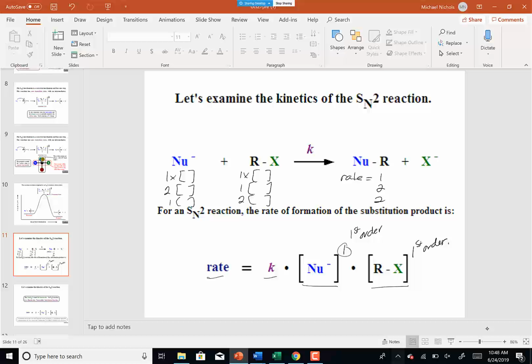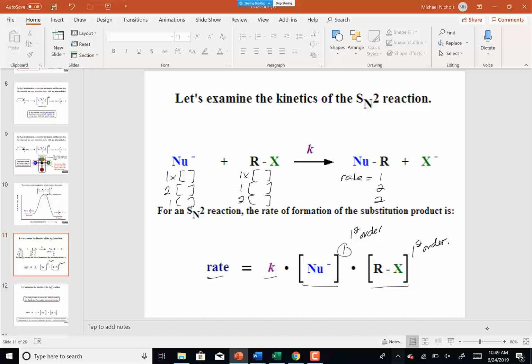If a mechanism is such that I double the concentration of nucleophile and the rate goes up 4 times, so if you double the concentration and the rate increases by a factor of 4, that means there should be a 2 here, because 2 squared is 4. And so that would be a second order reaction in nucleophile.